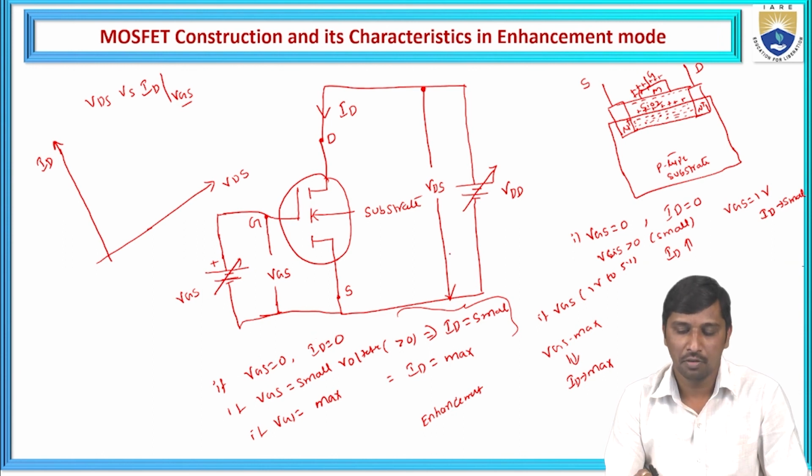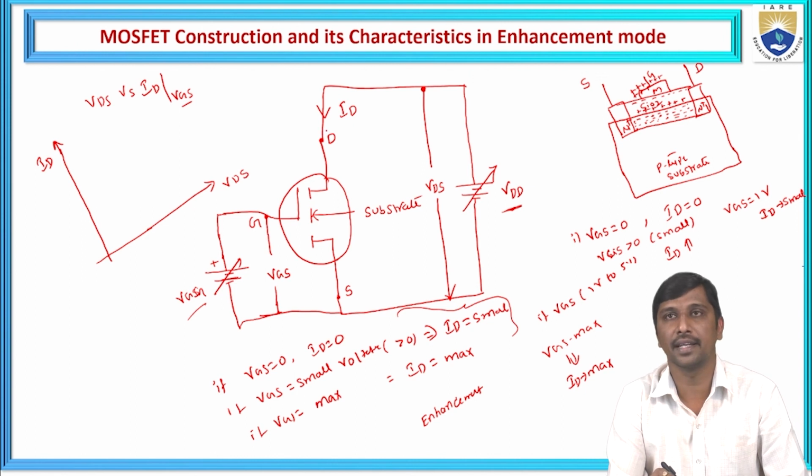Here we need to maintain VDD as a constant. Now we need to vary VGS with respect to VGG. We need to plot how much gate to source voltage is applied as well as how much drain current occurs.